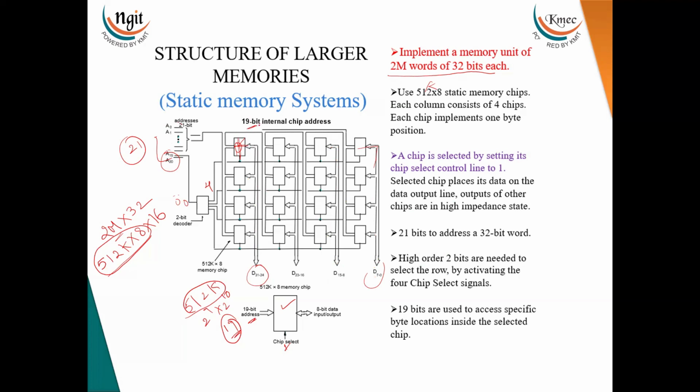How are we giving these 19 address bits? Again, these 19 address bits must be divided into rows and columns. Depending upon that, it will select the 8 bits. Now, if you see here, 4 times 8 bits means a total of 32 bits are generated. So after giving the 21 address bits, it is giving the 32 data bits.